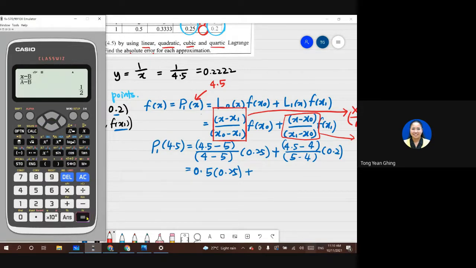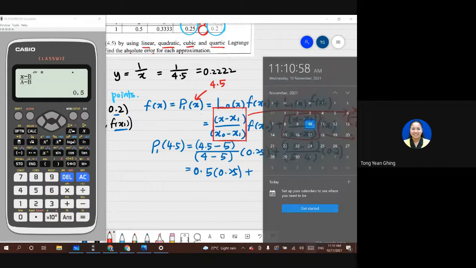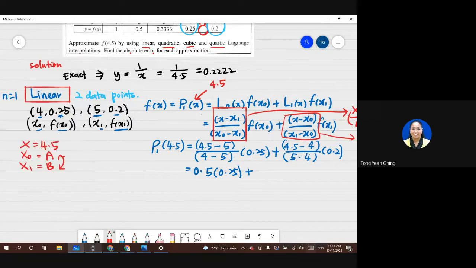x is 4.5, and then b is now 4, a is now 5. So 0.5 as well. You can also calculate normally, only later when you have a lot, it will be easier.